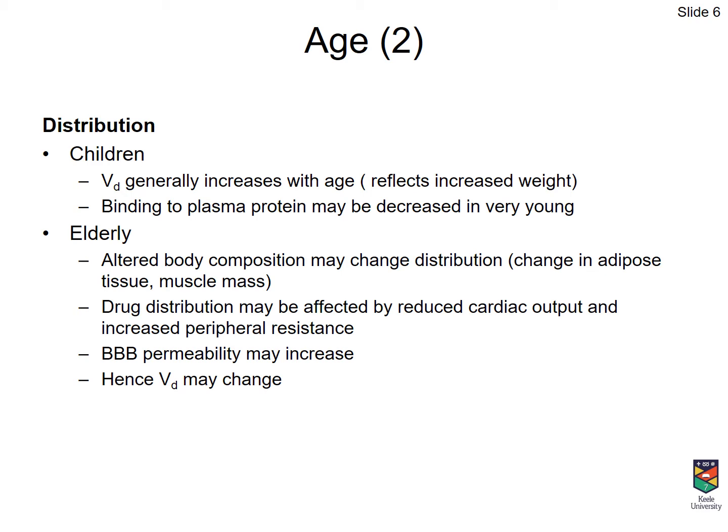And lastly, the blood-brain barrier may undergo permeability changes in the elderly. So there are a number of factors here that can all conspire to change the volume of distribution of the drug in the elderly, and as a consequence, the dose may need to be adjusted, because otherwise the resulting plasma concentration would not be that which you anticipate.